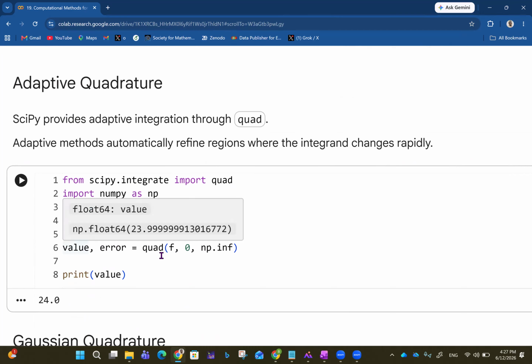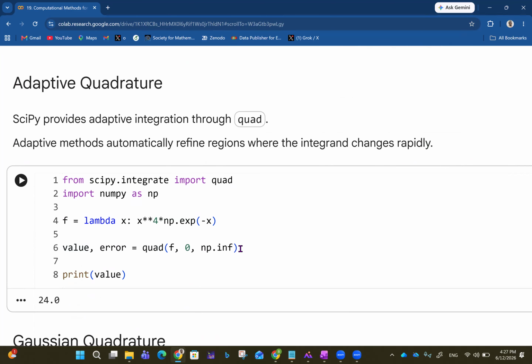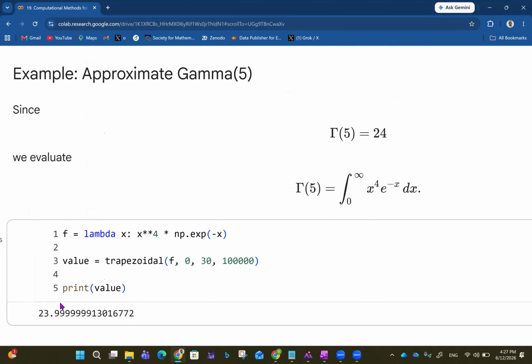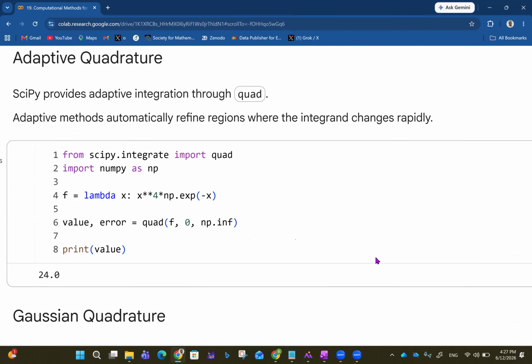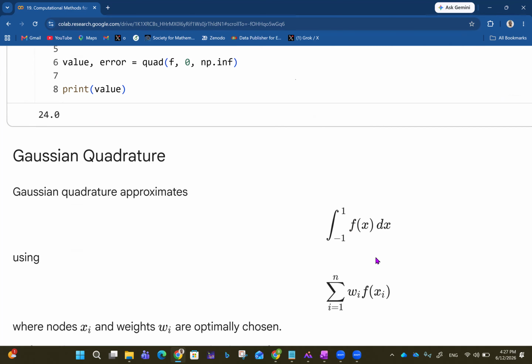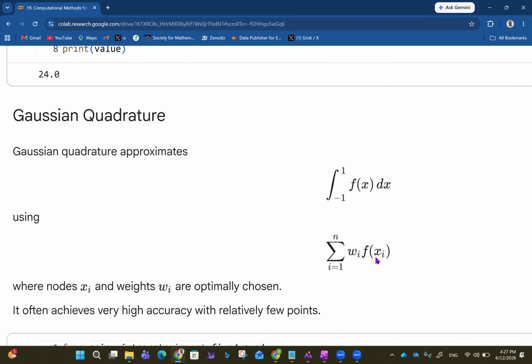You get the value and the error. So quad, the function f from 0 to infinity, you get the exact value of 24, like what you would have got if you did gamma of 5, which is 4 factorial, right? So adaptive quadrature seems to be that accurate.